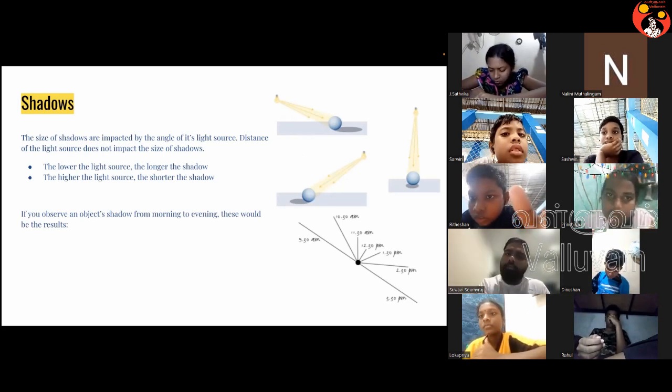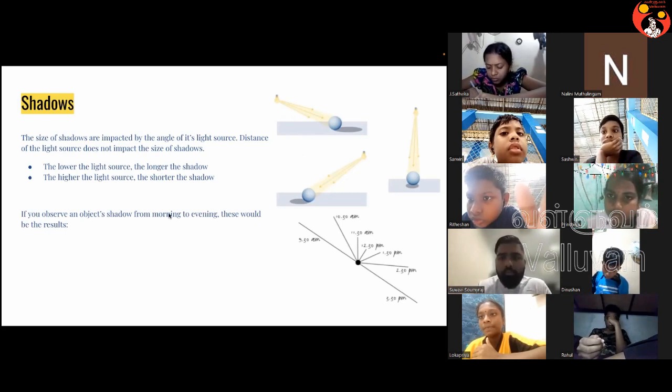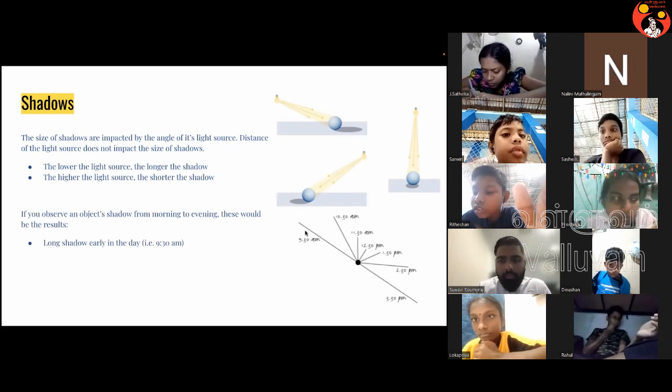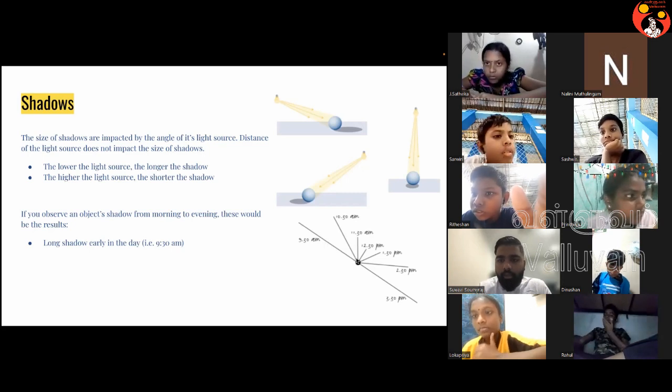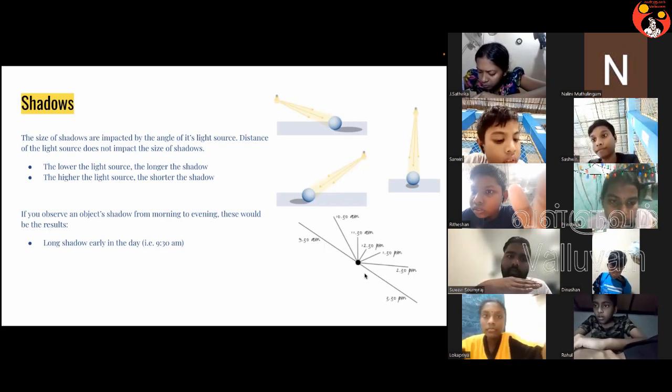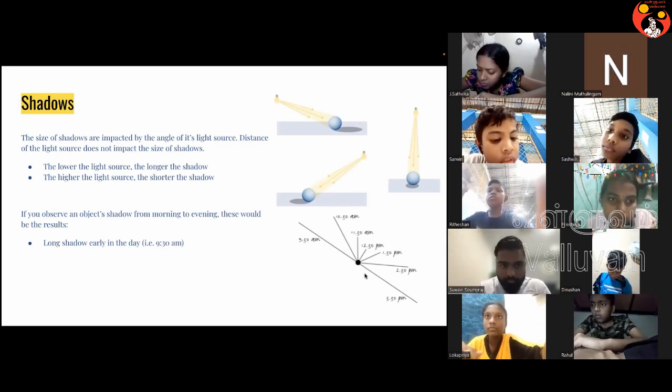So if you look at the sun from morning to evening, it starts on one side, goes to the other. So there will be a long shadow early in the day. You can see, say 9:30 a.m., the light comes in, hits the object, and there will be a long shadow. Because the lower the light source, the longer the shadow.